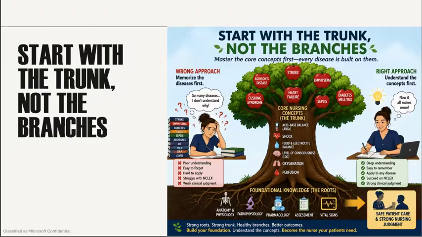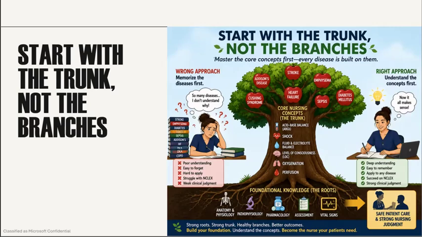One of the biggest mistakes nursing students make is trying to memorize every disease. Instead, start with the trunk, not the branches. The trunk represents the core nursing concepts like acid-base balance, shock, fluid and electrolyte balance, oxygenation, perfusion, and level of consciousness. Another main example, you know how I like to talk about the RAS system, inflammatory process.